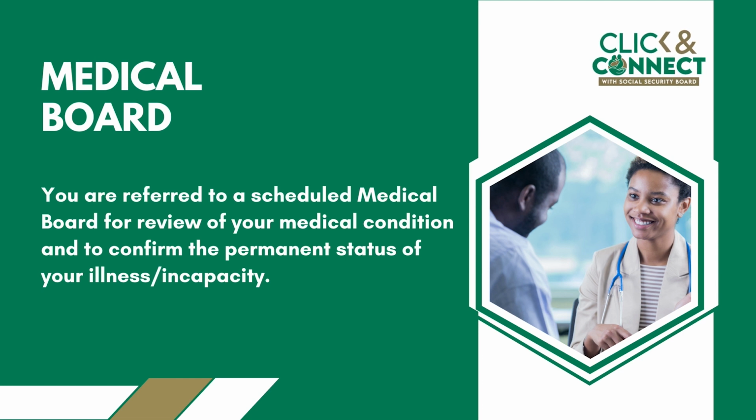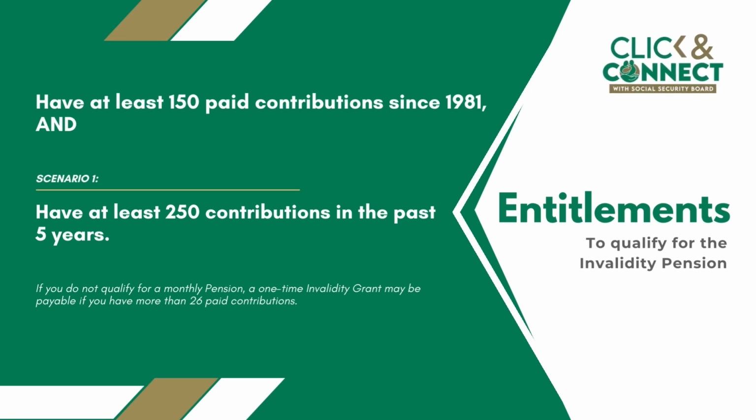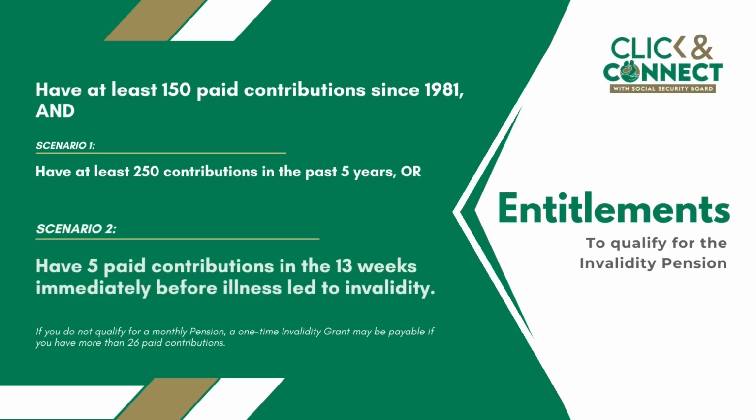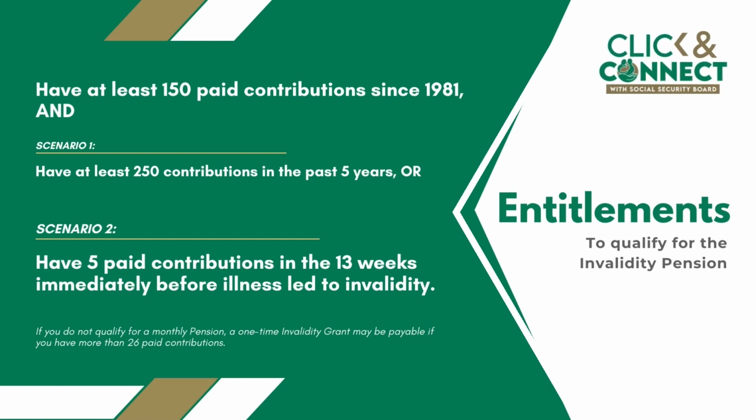application will go through due processing to determine if you qualify for an invalidity pension based on the number of contributions you have. Qualifying for a monthly invalidity pension requires you to have at least 150 contributions since 1981 and 250 contributions in the past 5 years, or have 150 contributions since 1981 and 5 recently paid contributions in the 13 weeks immediately before the sickness led to invalidity.